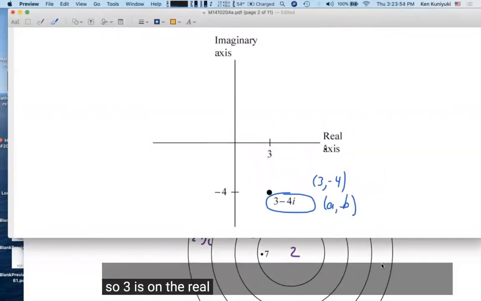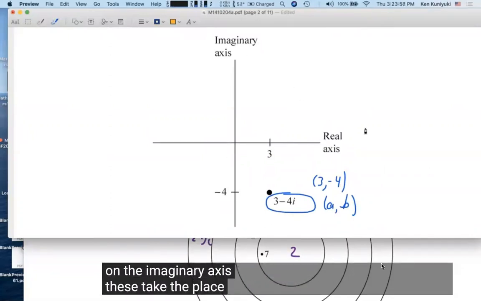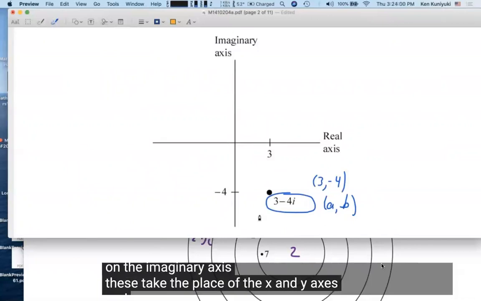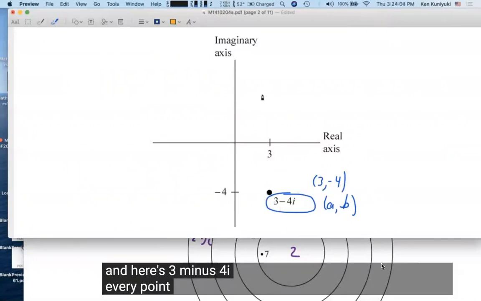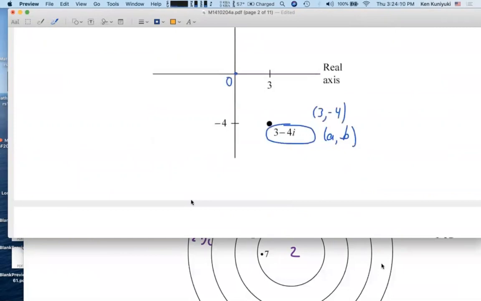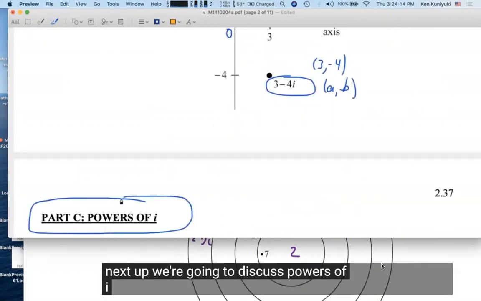So 3 is on the real axis, -4 is on the imaginary axis. These take the place of the x and y axes. And here's 3 minus 4i. Every point here corresponds to a complex number, including 0 over here. Next up, we're going to discuss powers of i and how to simplify them.